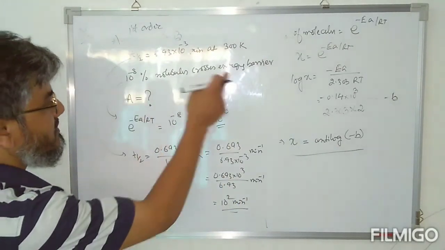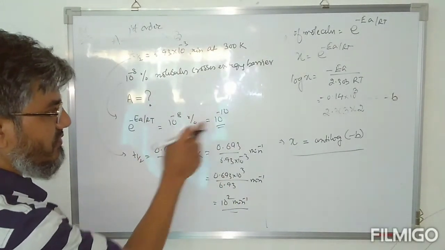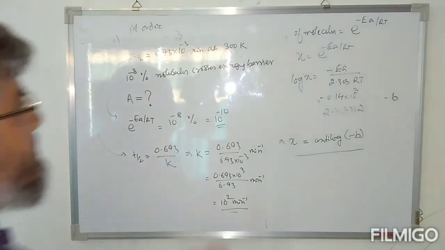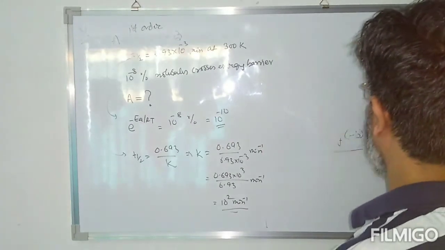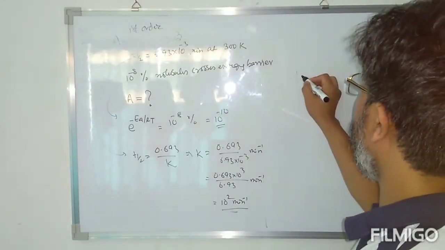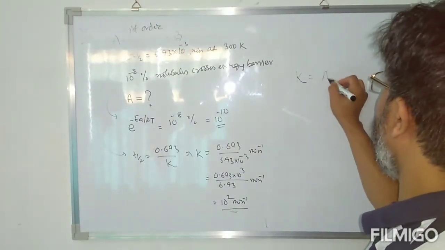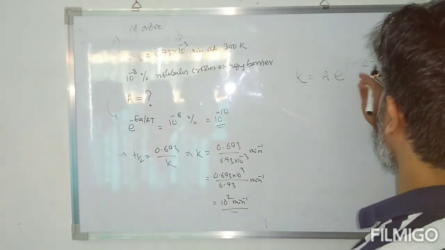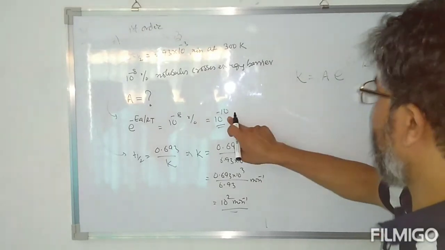The fraction of molecules crossing over this energy barrier is 10 to the power minus 10. Then what is the value of the pre-exponential factor A? So we have to use the Arrhenius equation again. From the Arrhenius equation, k is equal to A exponential minus Ea by RT. This value is 10 to the power minus 10.